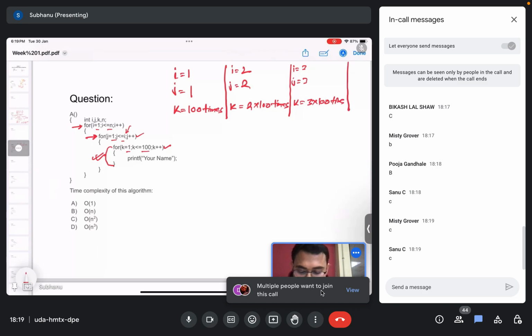I think now you are getting some sense: if i is equal to n and j is also n, then it will run up to n into 100 times.